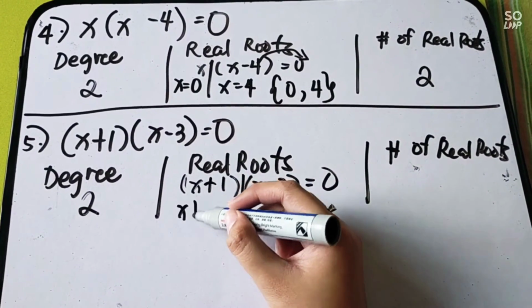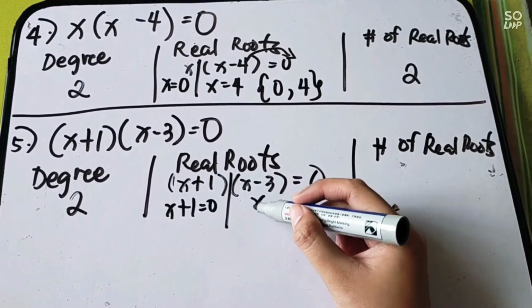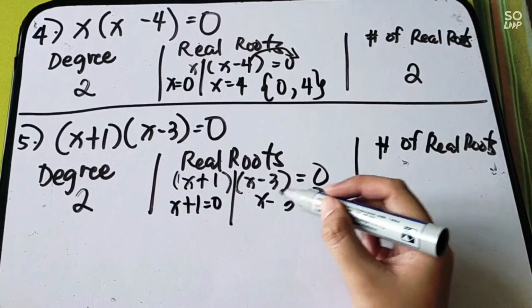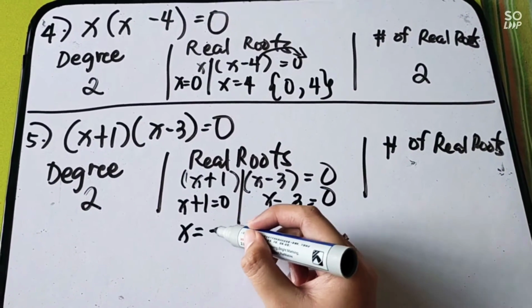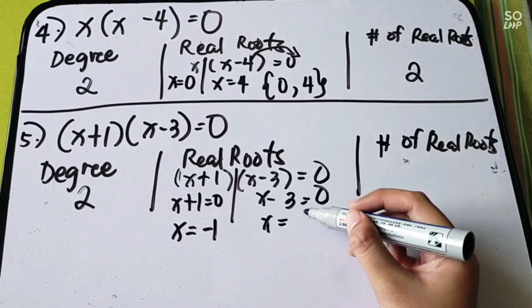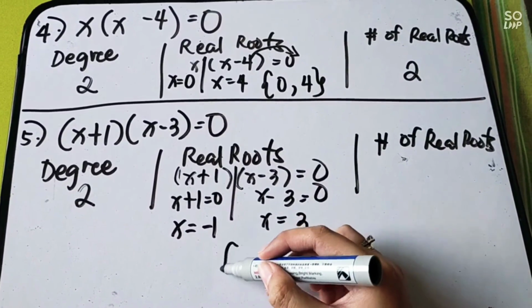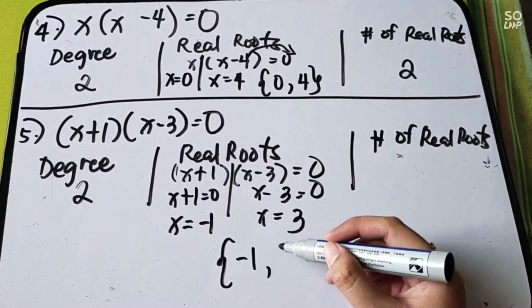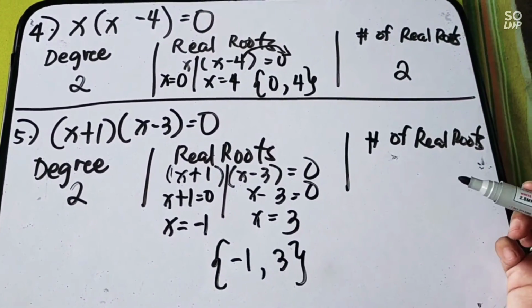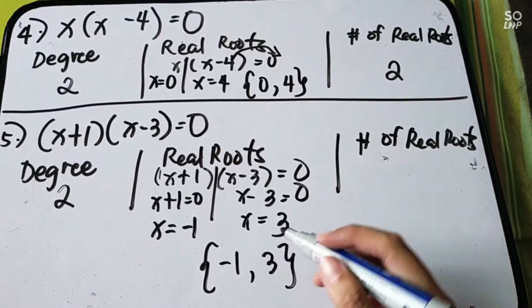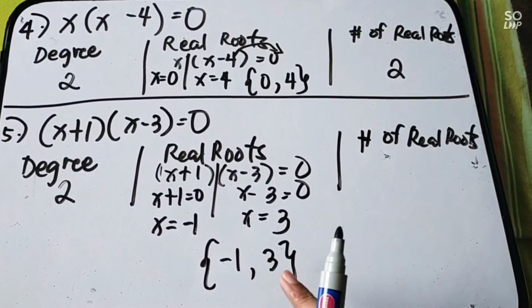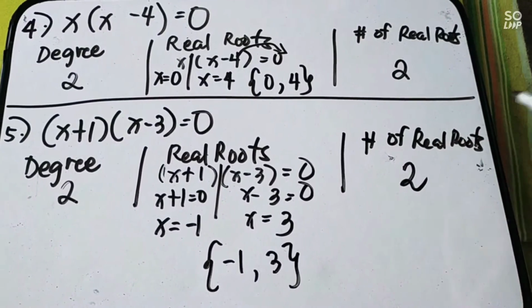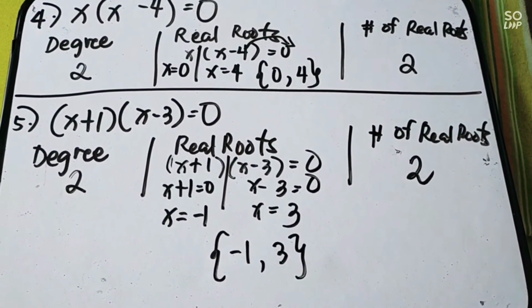So, we have x plus 1 equals 0. X minus 3 equals 0. So, for x equals to negative 1, x equals to positive 3. So, we have the roots of negative 1 and positive 3. Next, number of real roots. So, we have 1 and then 2. Ayan. So, that's the answer.